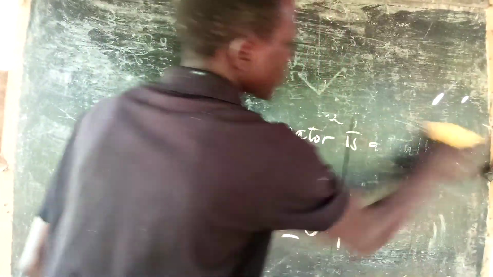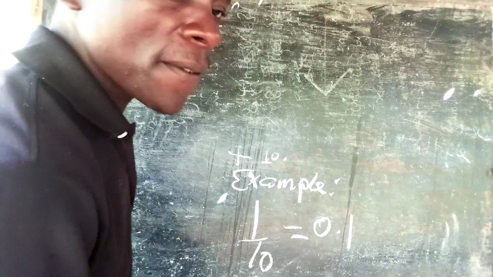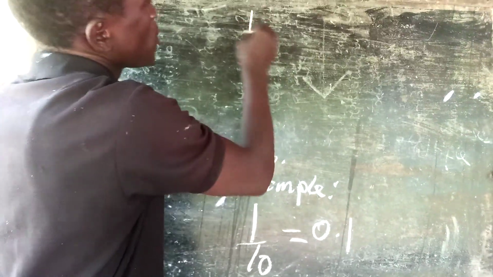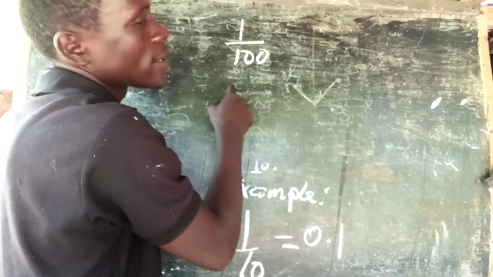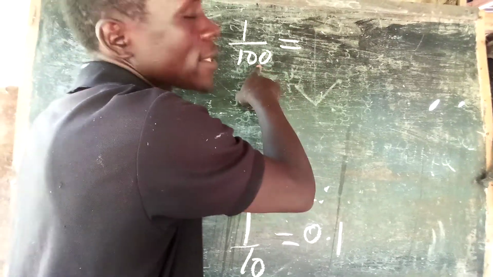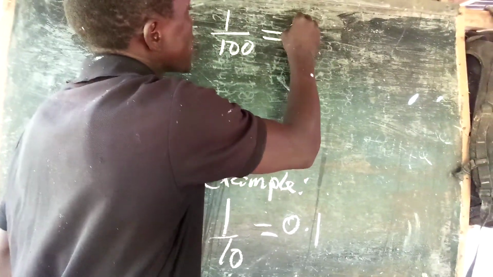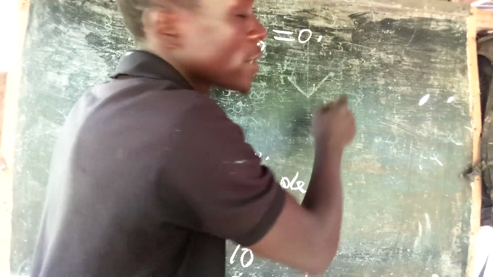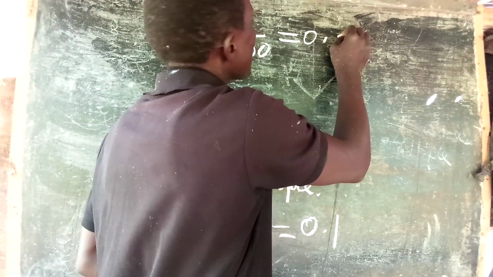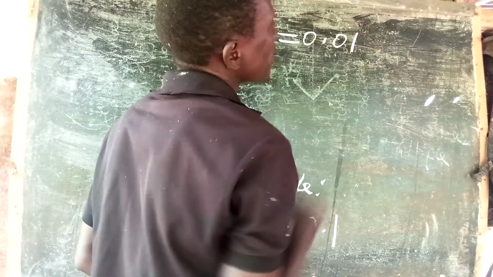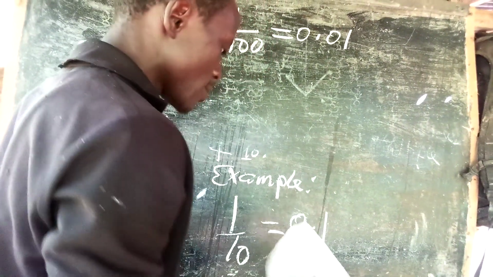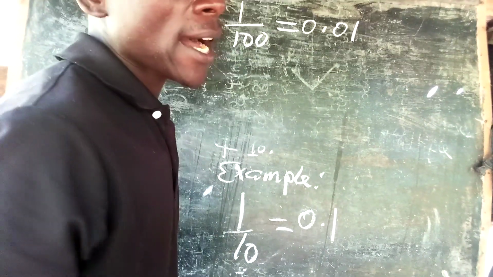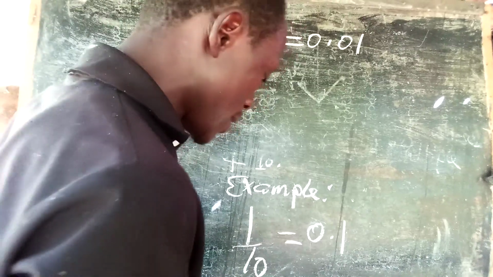We can be given another fraction, maybe 1 out of 100. This is still a multiple of 10. If we change it into decimal, it will be 0.01. You see? This is why we say that all decimals are of multiples of 10.